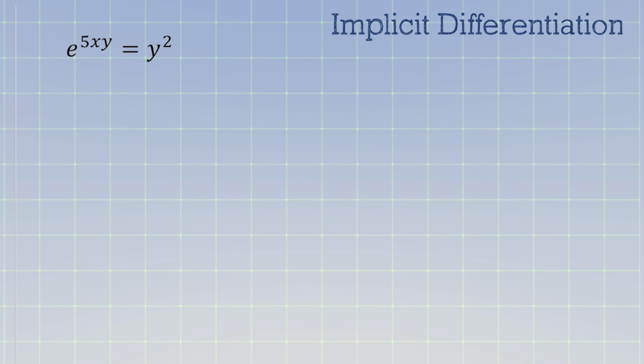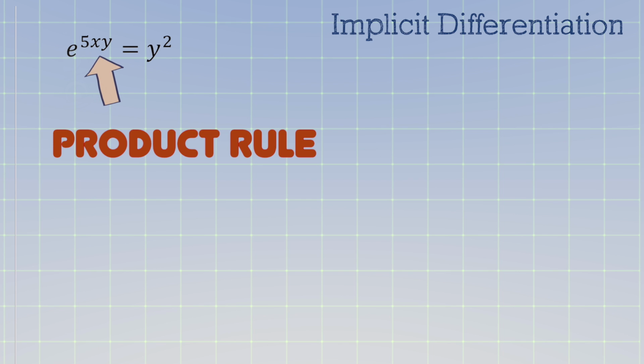The last example I'm going to do has an exponential in it. So on one side is this y squared, but on the other side we have base e. And do you notice what's going on up there in the exponent? Yes, that's a product. We're going to have to use the product rule when we take the derivative of that inside function.